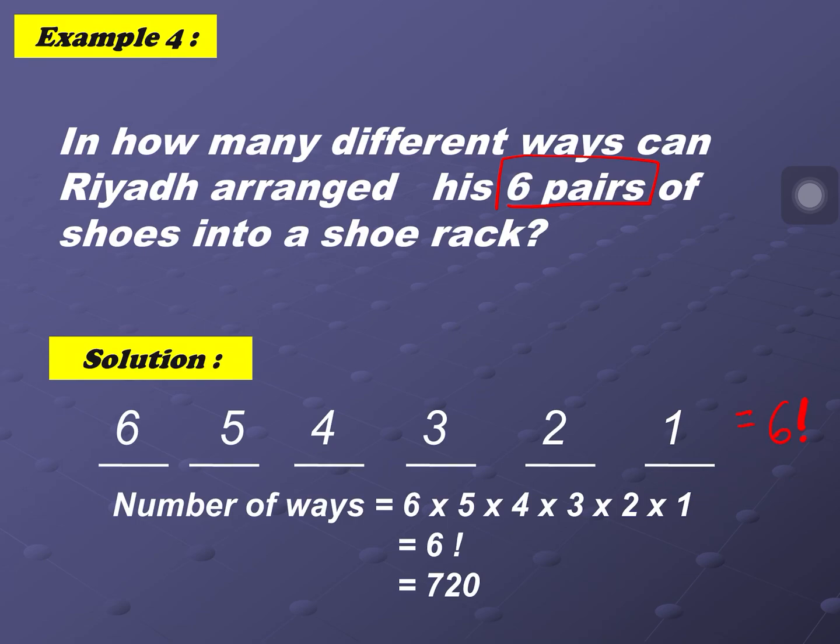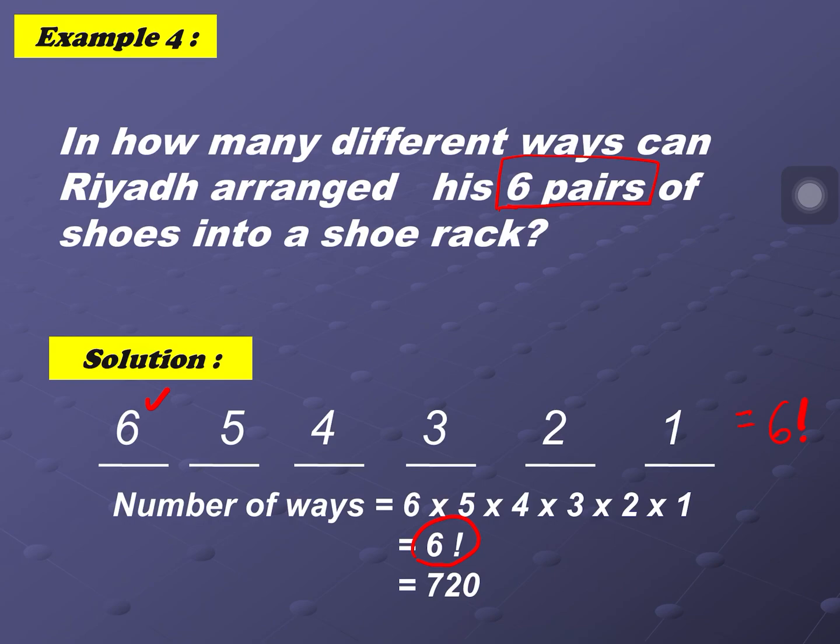Starting with the number of pairs here, then it decreases until it equals 1. That's how factorial works. So it equals 720. If you see your calculator now, you can see the symbol of factorial.